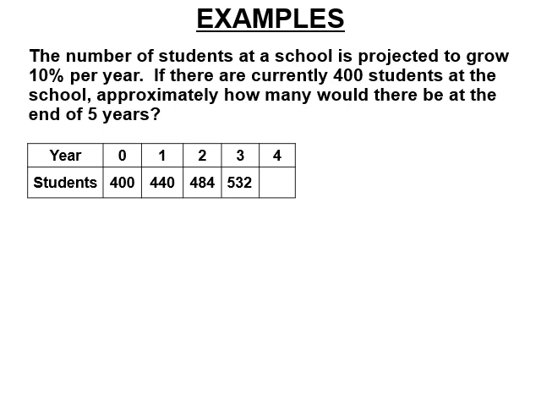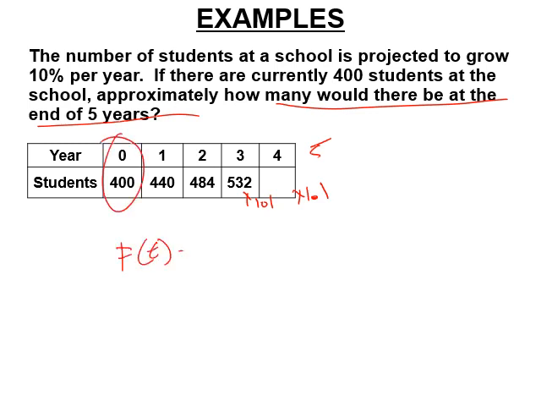All right, so there's the 532 rounded, and now we're going to do, it says, at the end of 5 years, right? So we could keep going. We could do 532 times 1.1, and then the 5th year, get that answer, and do it again. But we want a faster way. The faster way is exponential functions that you saw on the last screen. The y-intercept, so we're going to use t, all right?